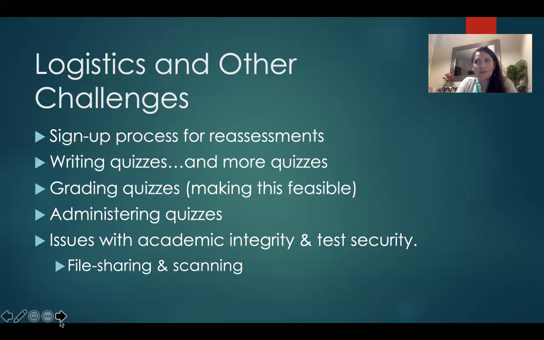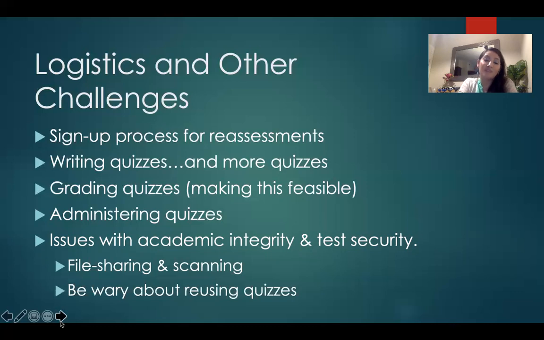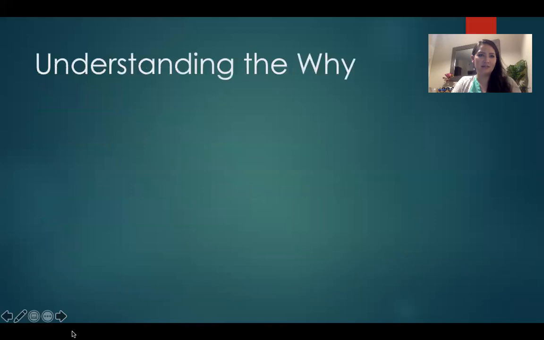So you have to be sure that if you are reusing quizzes, you don't mind that the students would all have access to those quizzes, because maybe they're using them for practice. But at the very beginning, when you first start doing this, you want to be very wary about reusing quizzes, and you want enough variations on the theme so that students can't share the quiz questions with each other. So all of those are important issues.